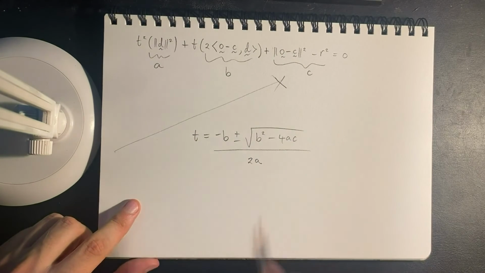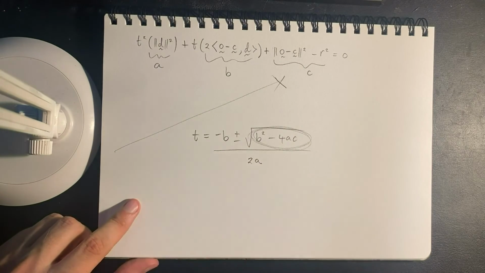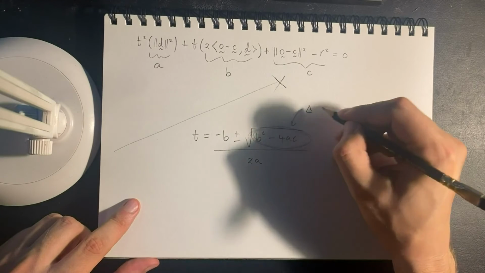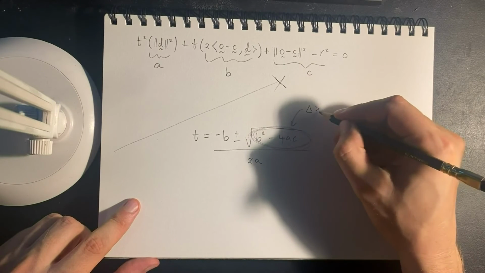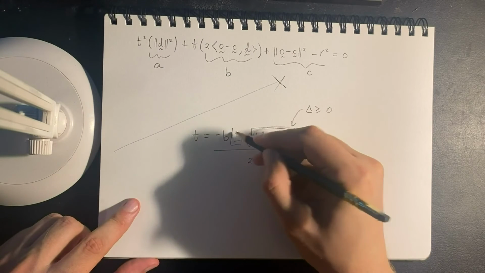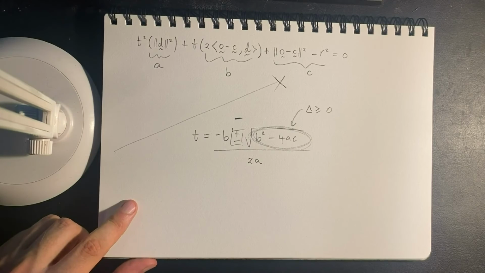The really big thing to pay attention to is, remember, the quadratic equation will have solutions provided that this expression here, the discriminant, is bigger than or equal to 0. And also, we want to get the closer value, so instead of looking at plus or minus, in this case we'll just go minus. I hope that makes sense.